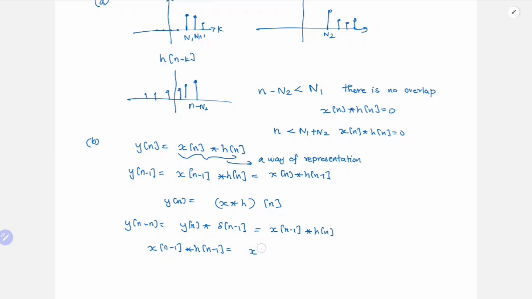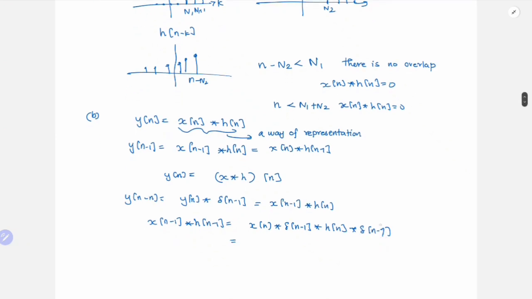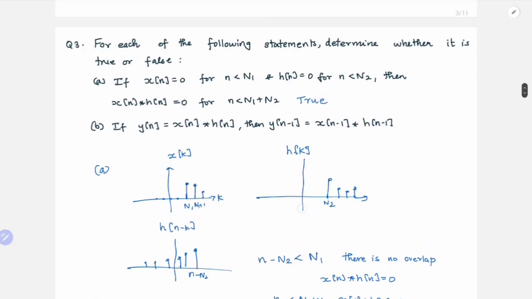This is nothing but x of n convolved with delta of n minus 1 convolved with h of n convolved with delta of n minus 1, which means that this is nothing but x of n convolved with h of n convolved with delta of n minus 2. So this is going to be equal to y of n minus 2 and not y of n minus 1. So that is why this is going to be false.